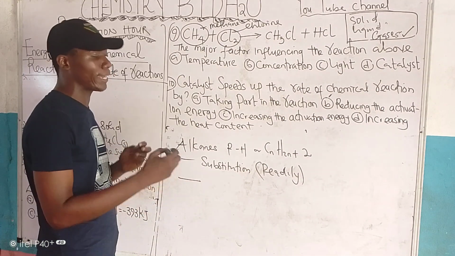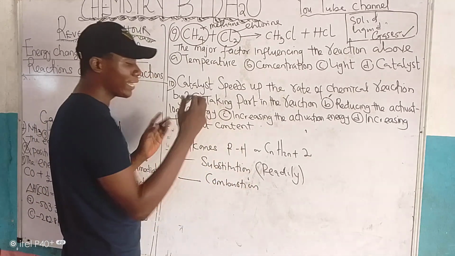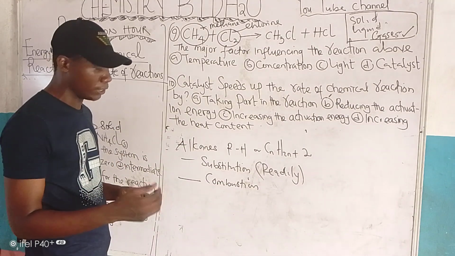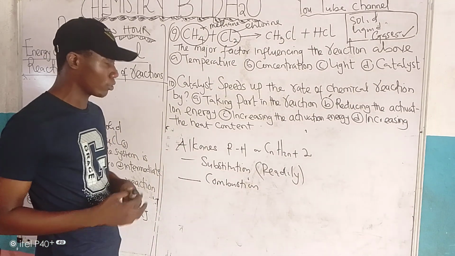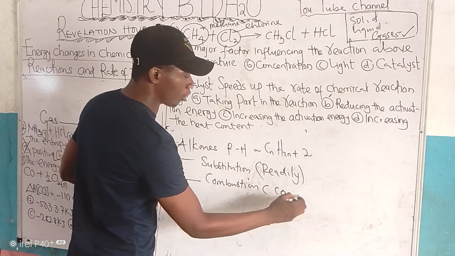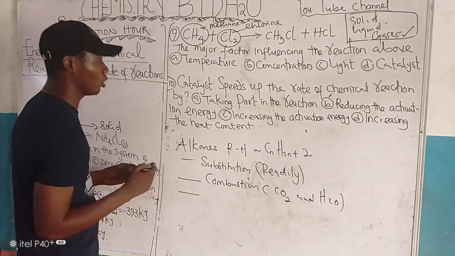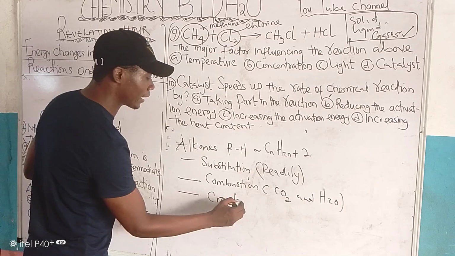The second reaction that alkanes undergo is combustion. Remember, in combustion, the alkane is made to react with oxygen, or to burn in the presence of oxygen. When that happens, the 2 compounds that are formed are carbon(IV) oxide and H2O. The last reaction that alkanes usually undergo is cracking.